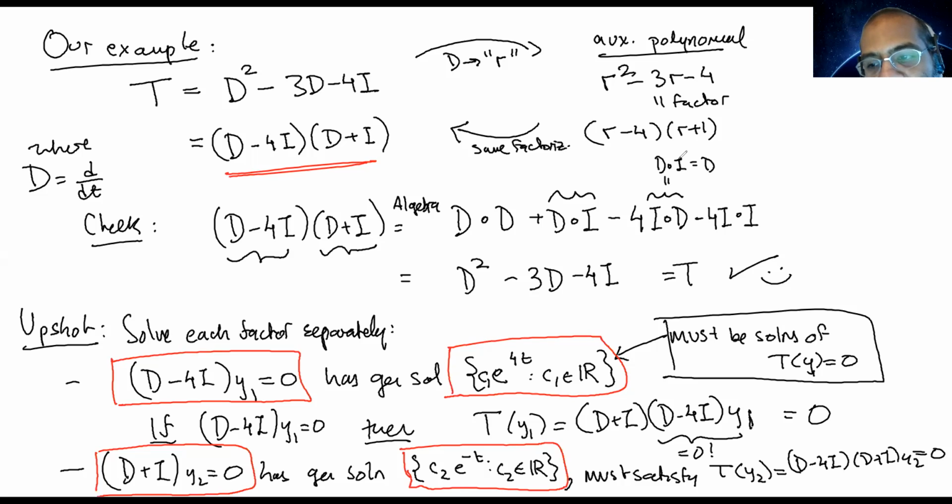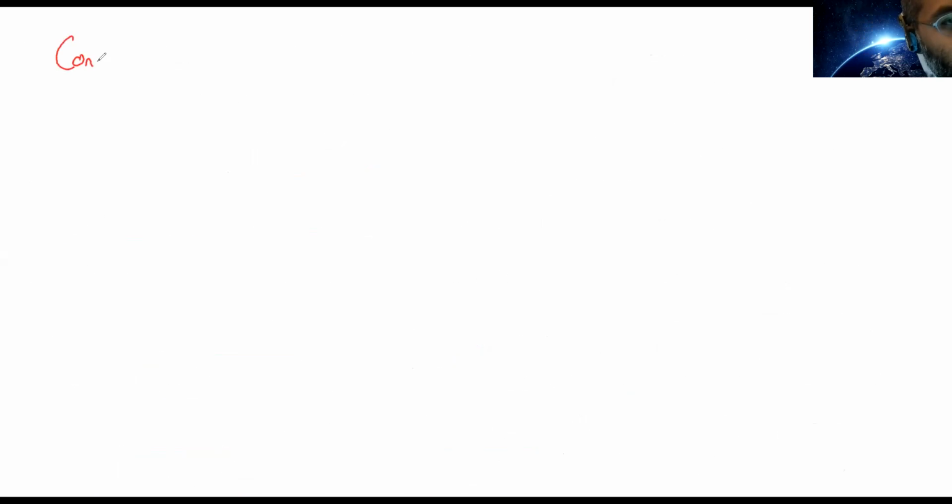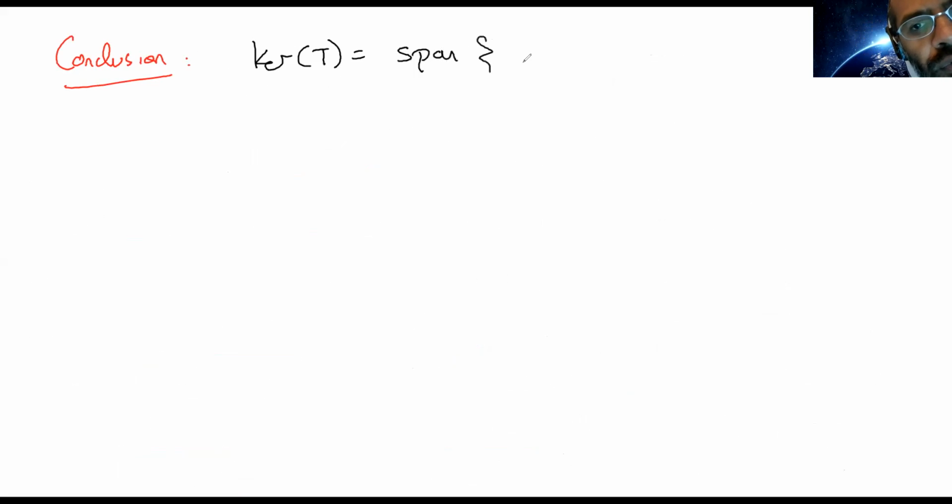Another question is: is the span of exponentials equal to the kernel of T? Yes, I was going to write that next. Conclusion. The kernel of T is equal to the span of e to the 4t, e to the minus t.